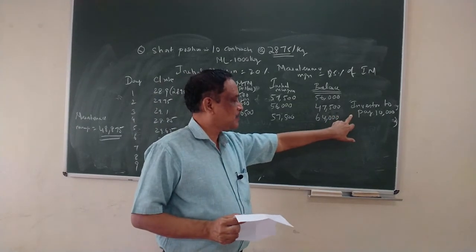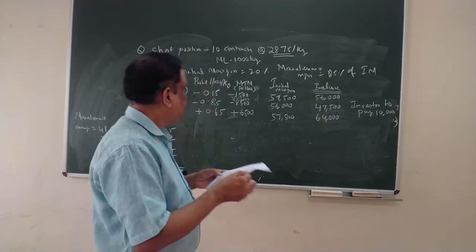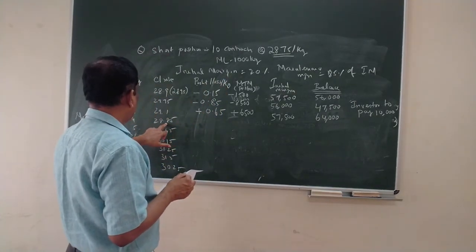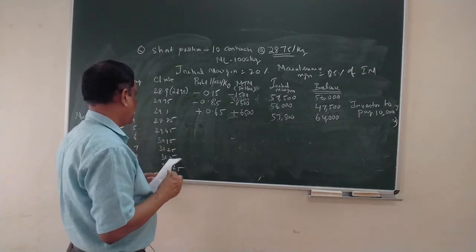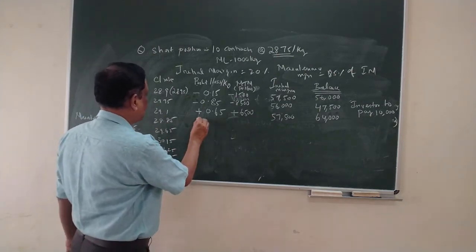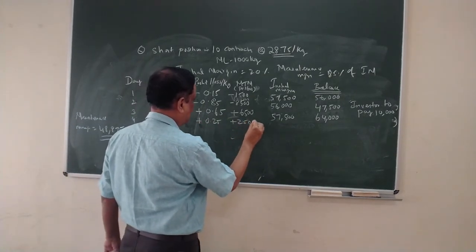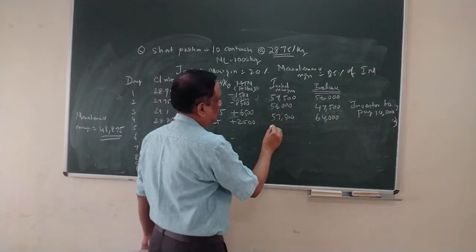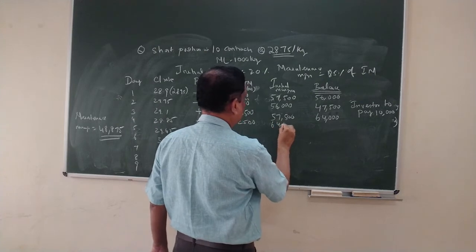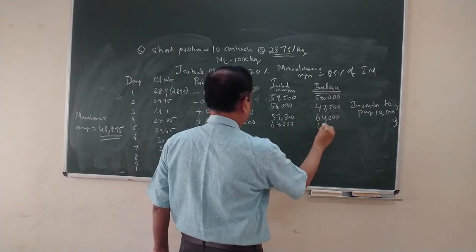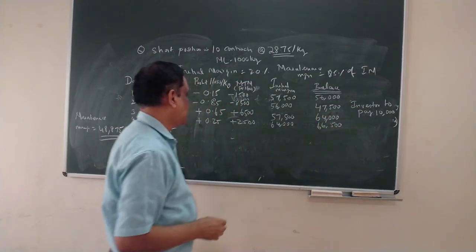Remember, he has paid 10,000 on the day when he made a loss. And the next day, it is again coming down to 28.85, plus 0.25. He makes a profit of 2,500. So his balance, 64,000 earlier, will become 66,500.